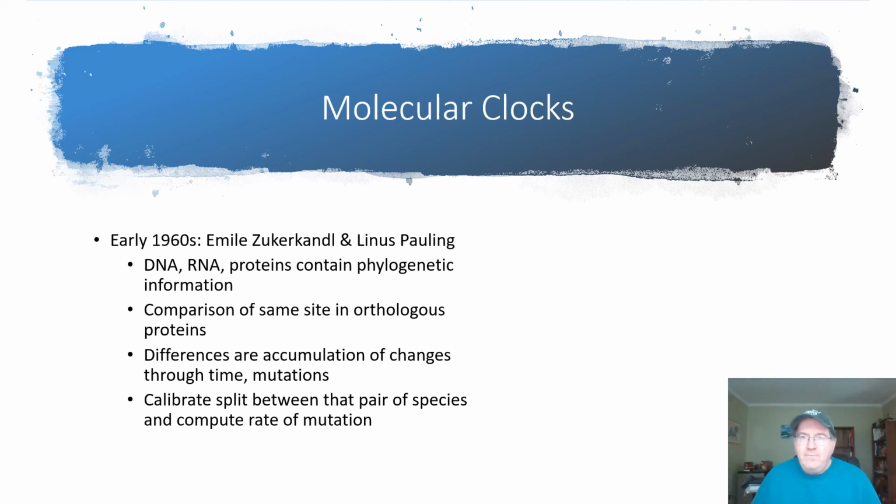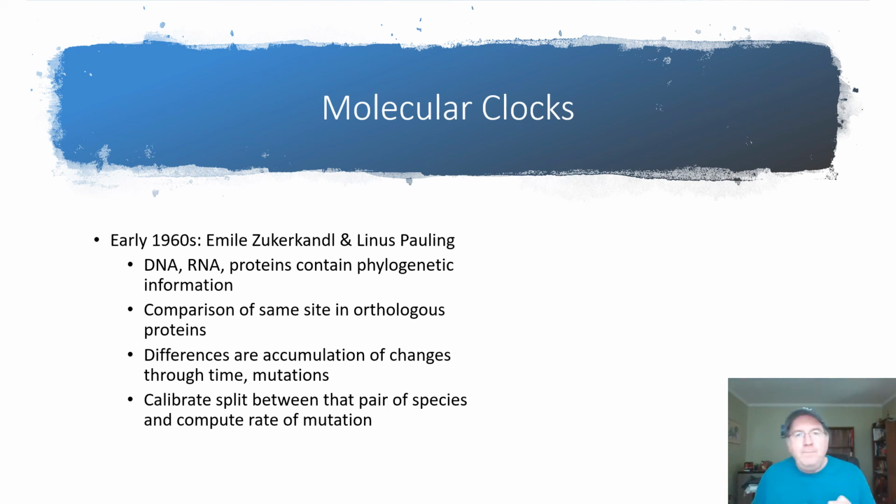And that accumulation of differences has arisen from the net impact of mutations that have taken place between now and the time when those two organisms shared a common ancestor. And so those mutations have accumulated over time. The number of mutations is proportional to the time that they have been from the time that they separated from their most recent common ancestor.